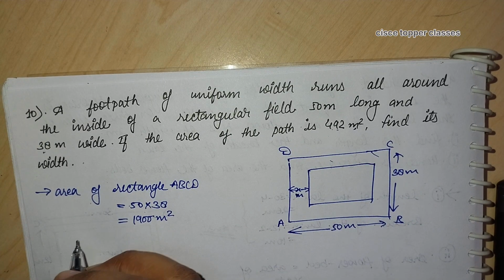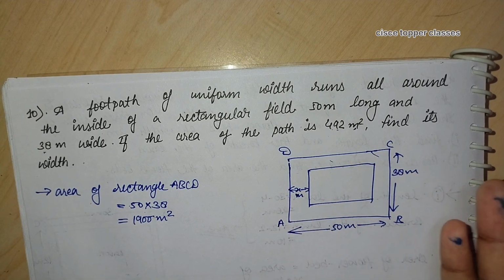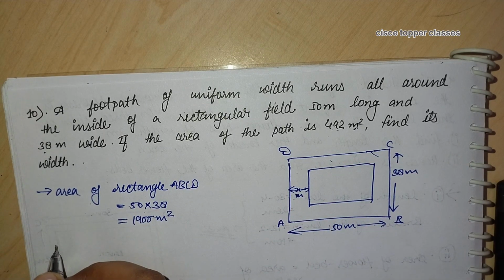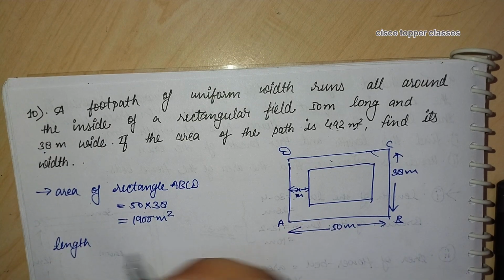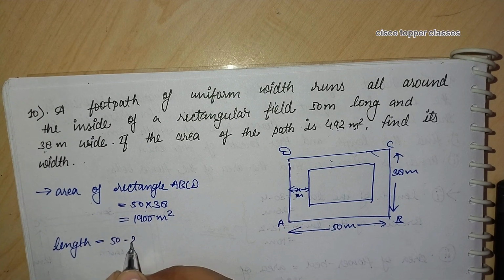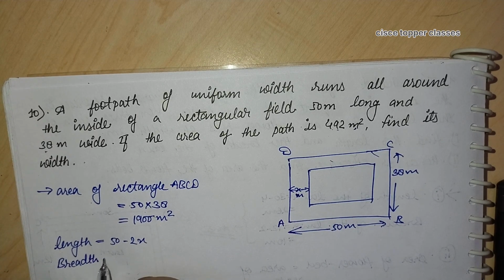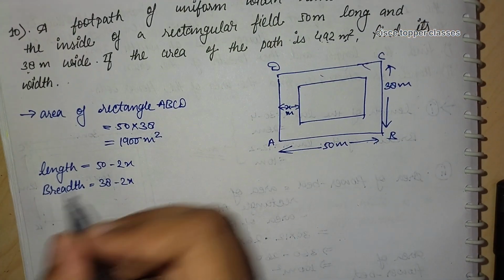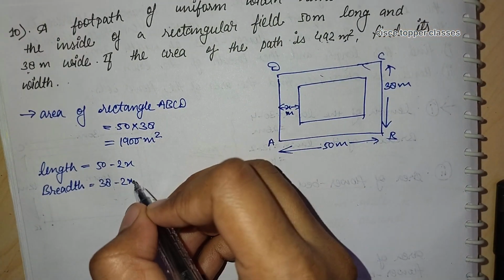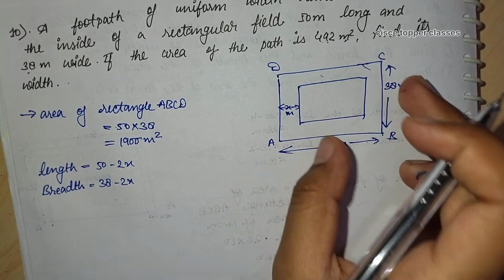Now, to find the area of the left out part from the footpath, we can write the length firstly, because we have let the width as x, so we can write it as 50 minus 2x, and breadth of the remaining part as 38 minus 2x. Means if we write the difference between the area of rectangle and the remaining part area, we get the area of the footpath.